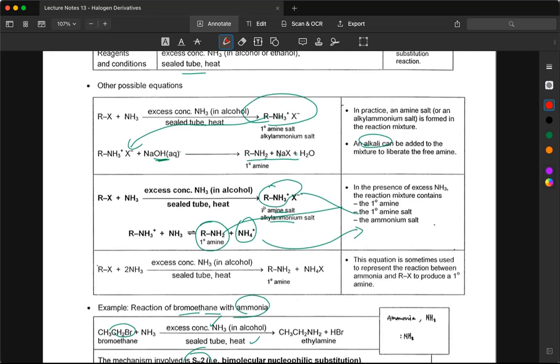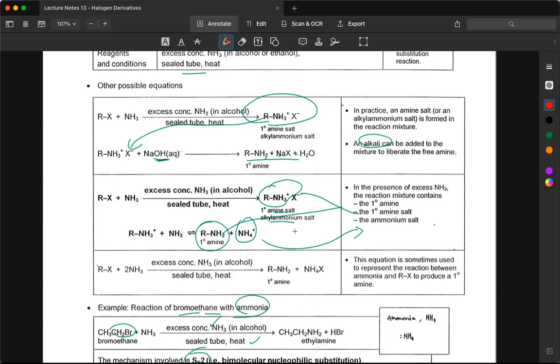Or it's the same one as here actually. But instead of using sodium hydroxide, we can add excess ammonia to form the primary amine.